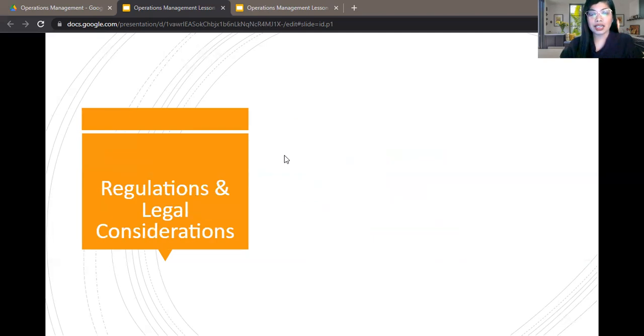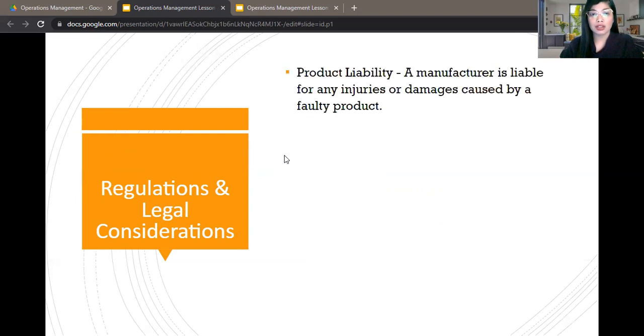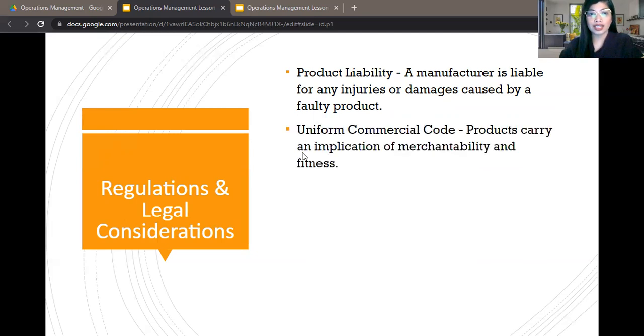Product liability can be a strong incentive for design improvements. Product liability is the responsibility of the manufacturer for any injuries or damages caused by a faulty product because of poor workmanship or design. Many business firms have faced lawsuits related to their products.